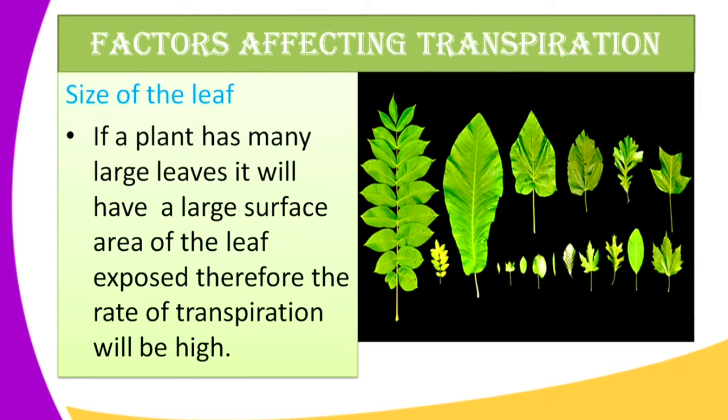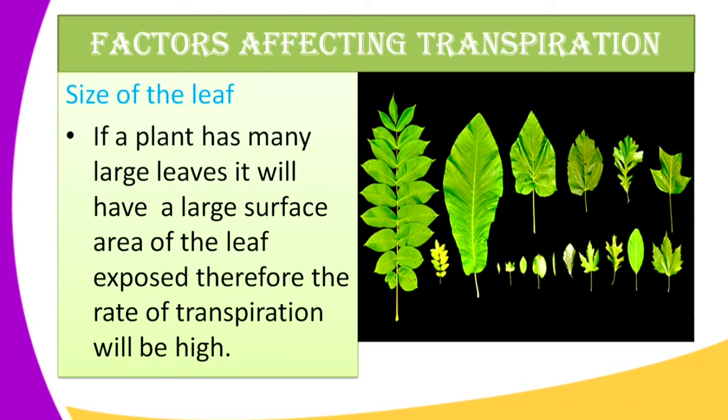If a plant has many large leaves, it will have a large surface area of leaf exposed. Therefore, the rate of transpiration will be high. Now, looking at our diagram, you can see the leaves have different sizes. The smaller the leaf, the lower the surface area exposed to transpiration, so there will be a low transpiration rate.